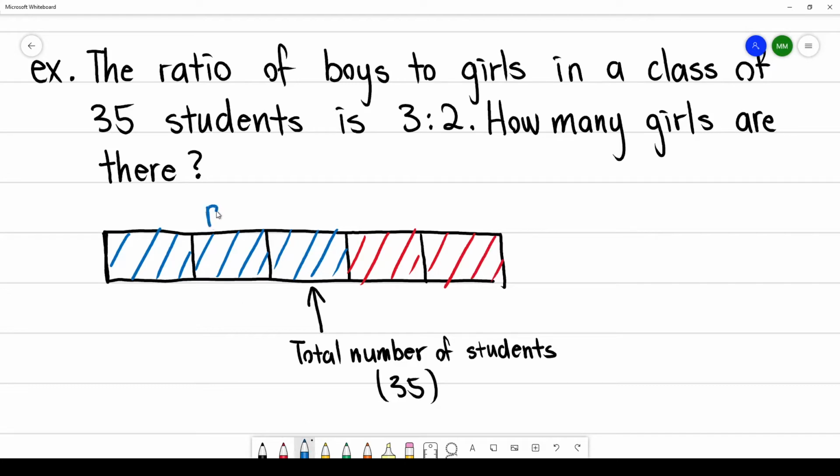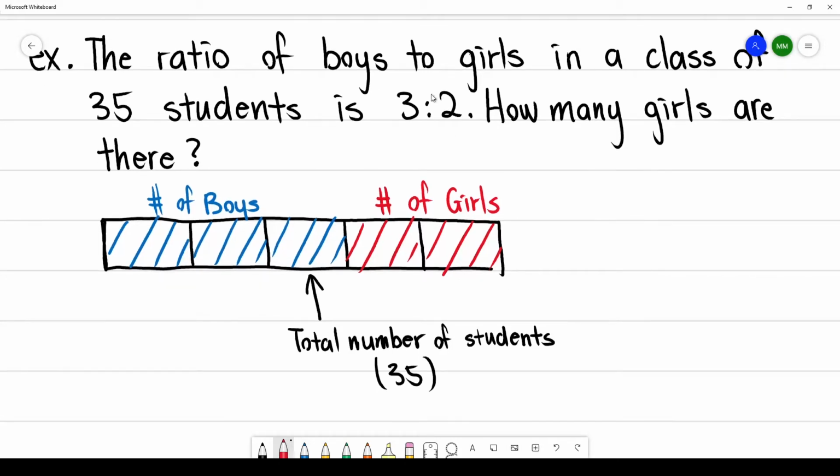So the blue box represents the number of boys, and the red box represents the number of girls. Because for every 3 boys there are 2 girls. So for every 3 boxes of boys, there are 2 boxes of girls.